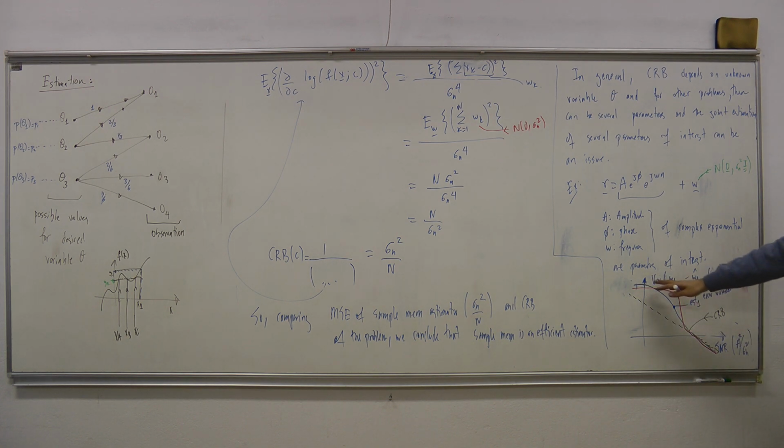So as you see, these estimators cannot produce a better error variance than this Cramer-Rao bound, okay? There are some issues about the unbiasedness and so on, but okay.